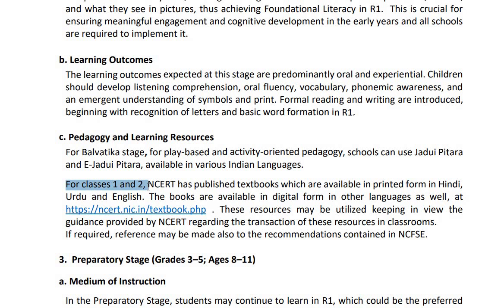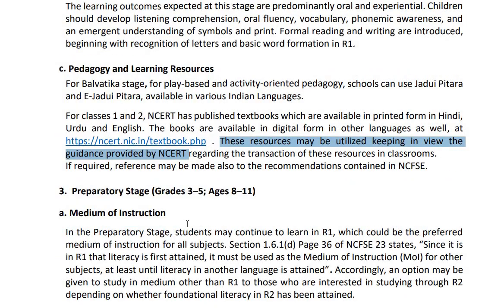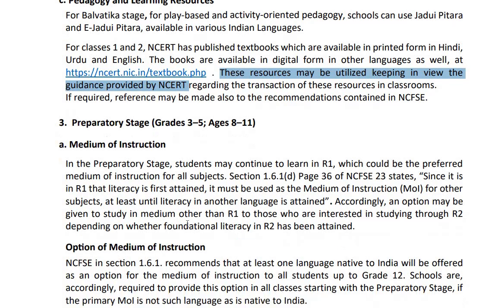These books are available in digital form in other languages as well. These resources may be utilized keeping in view the guidance provided by the NCERT regarding the transactions of these resources in classrooms. Now we will see the implementation guidelines for the preparatory stage.